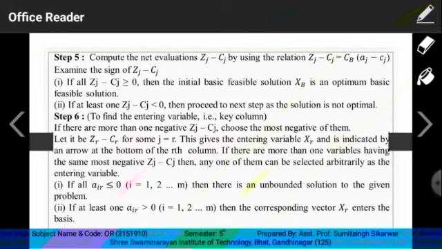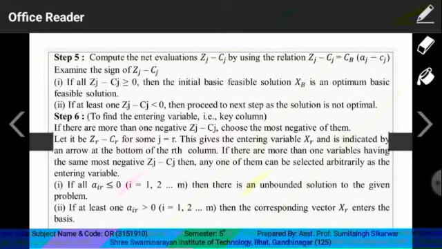The next step is to find the entering variable or key column and key row. If there is more than one negative Zj minus Cj available to us, choose the most negative of them. So let it be Zr minus Cr for j equal to r column.